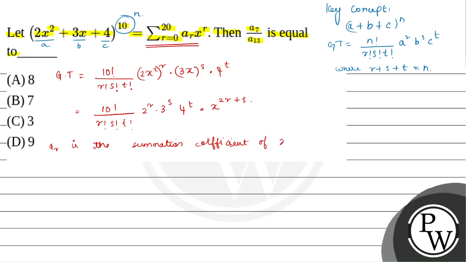So to find a7 we have to find the coefficient of x^7. To find the coefficient of x^7, we should have 2r + s = 7 and r + s + t = 10.